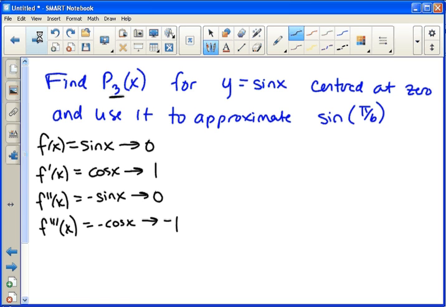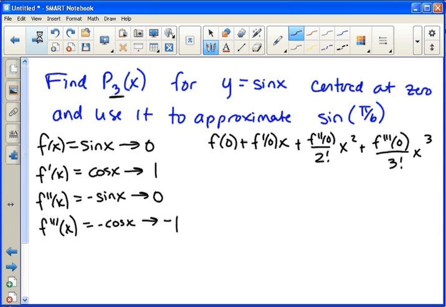So again, our general formula looks something like this. And you should have this memorized. You should know this pattern and be able to spit it out when you need to. So now we take each of these values we just found and we plug them in where it's appropriate. 0 goes in for f of 0, 1 goes in for f prime of 0, and so on.